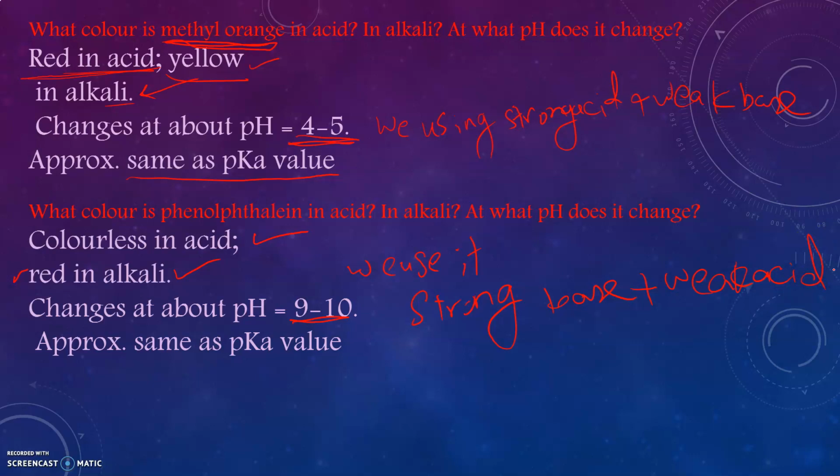So again, methyl orange is red in acid and yellow in alkali, and the pH in titration changes from 4 to 5. Phenolphthalein is colorless in acid and red in alkali, and the change is from 9 to 10.